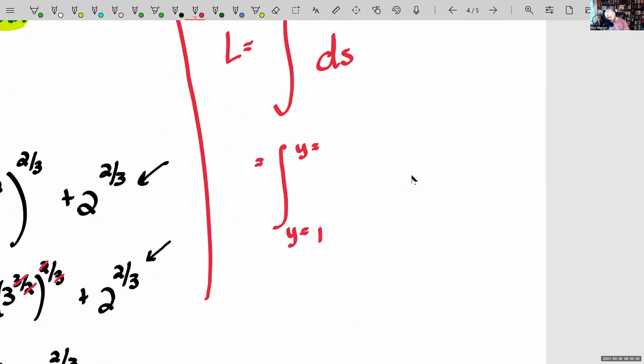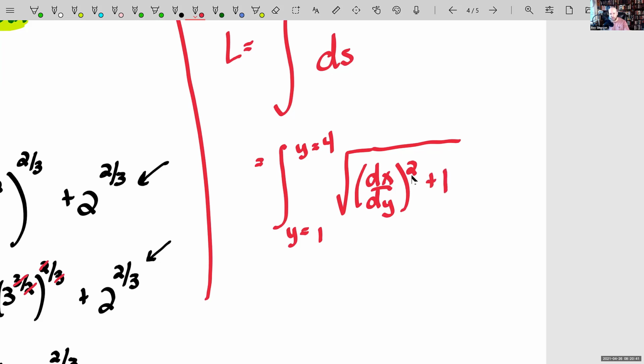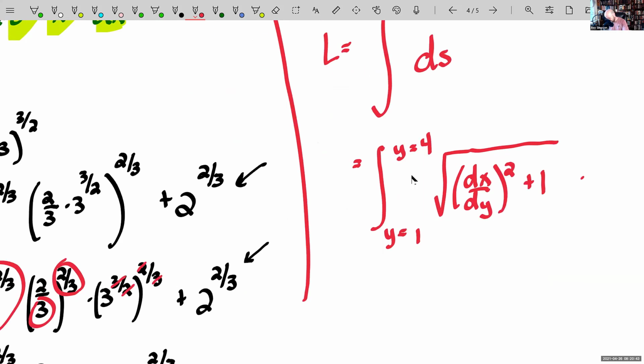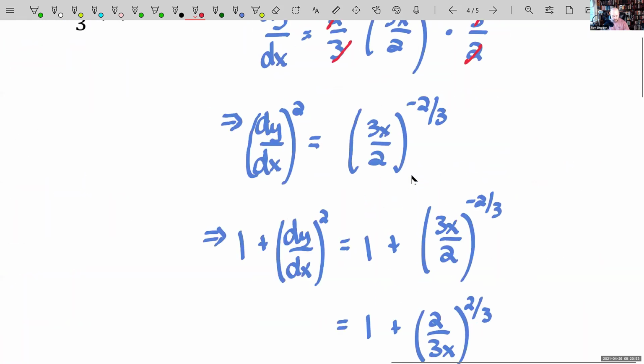So it's the integral from 1 to 4 of the square root of dx/dy squared plus 1, dy. Doesn't actually matter which order you write that in. Now, up above, I'm going to go ahead and find out what dx/dy squared is.